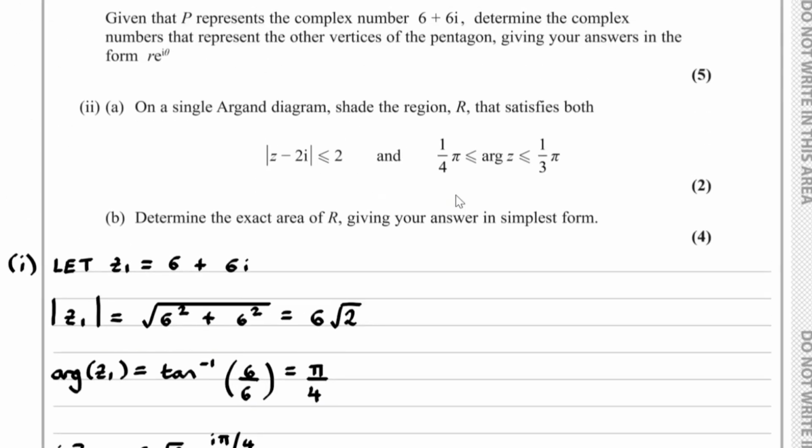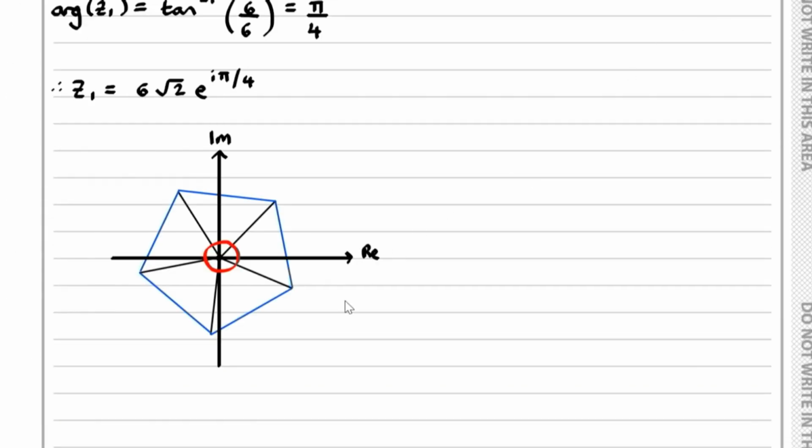Now let's draw a quick diagram to illustrate what the question's asking for. What we're saying is we've got a pentagon and we've got one of these roots, z1. We need to find the other vertices. Now the angle between each of these, from here to here we've got 2 pi, and if I divide that by 5, that means we've got 2 pi over 5 between each angle here.